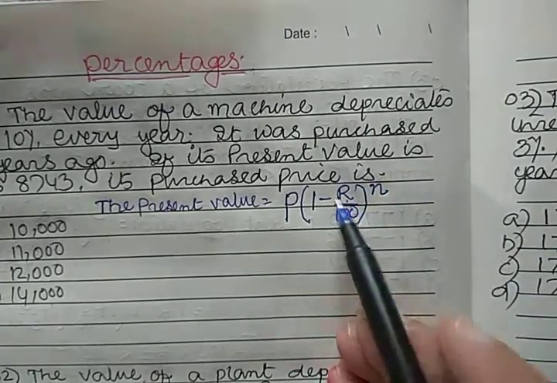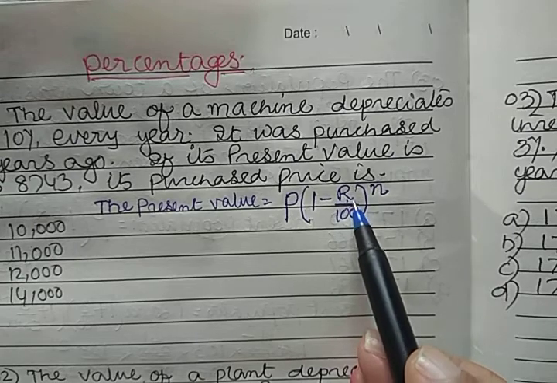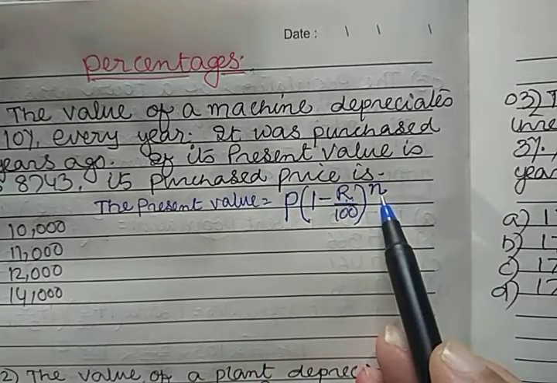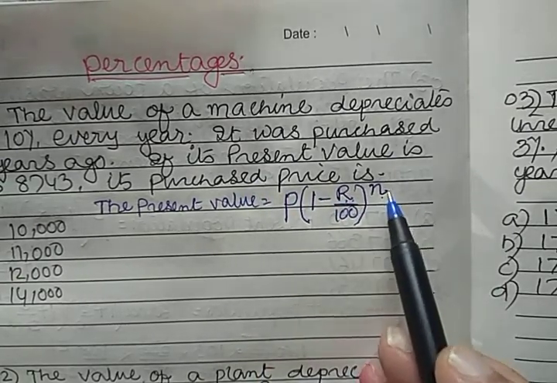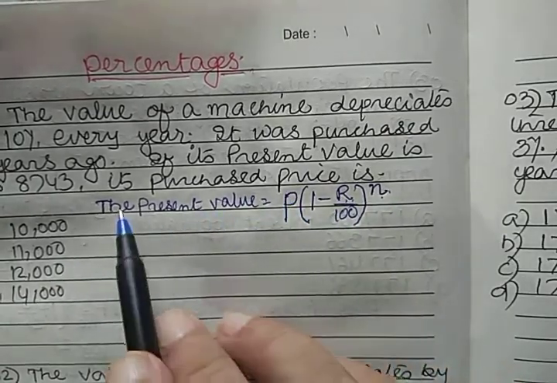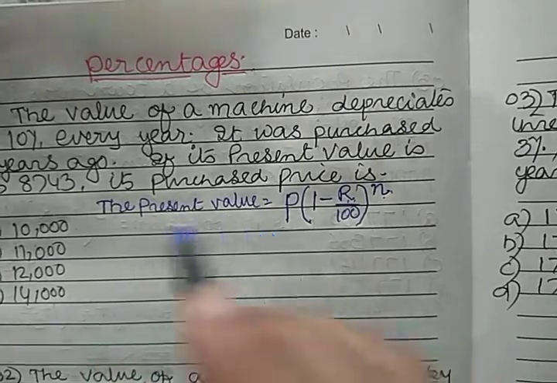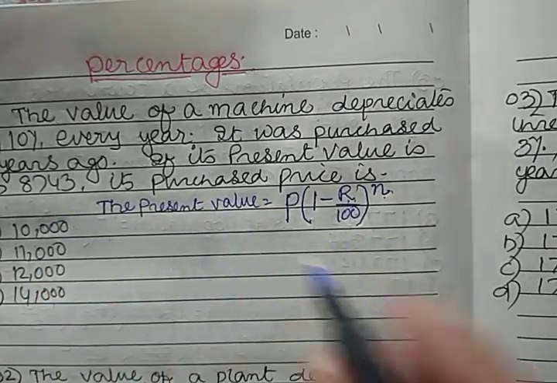What is our rate of depreciation? What is n, the number of years? Here the present value is given. So whatever the values are given, let us take them.